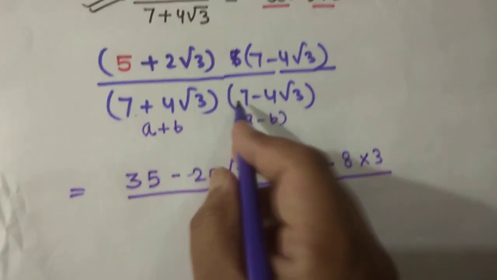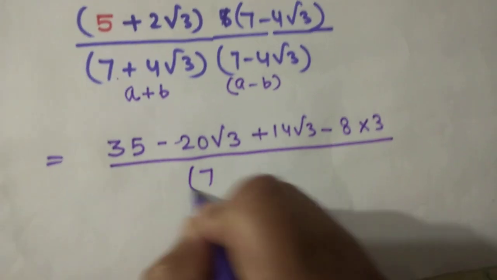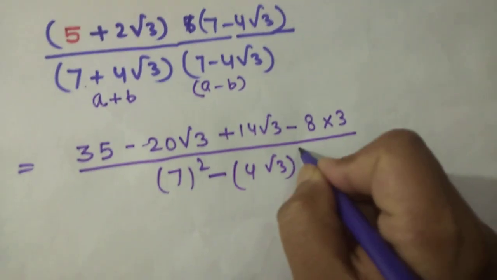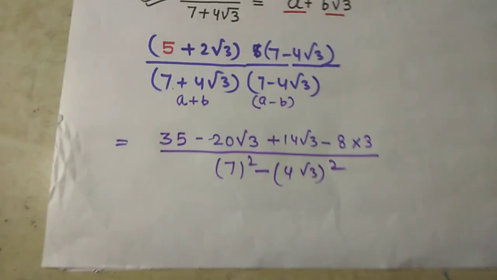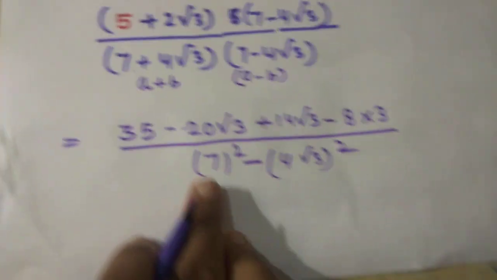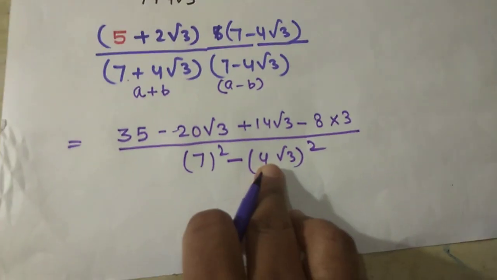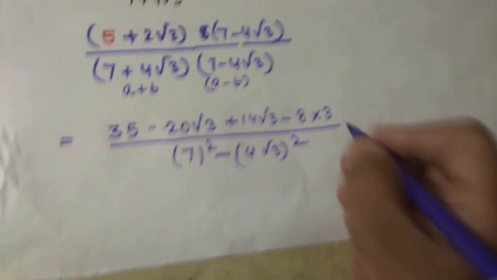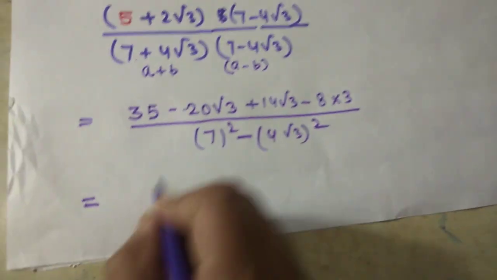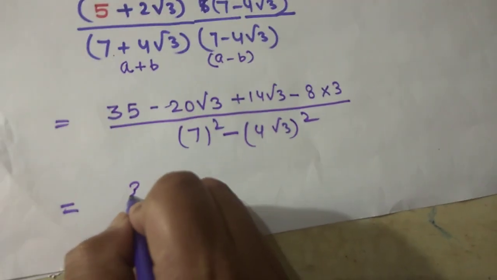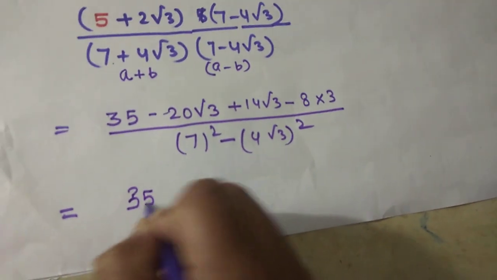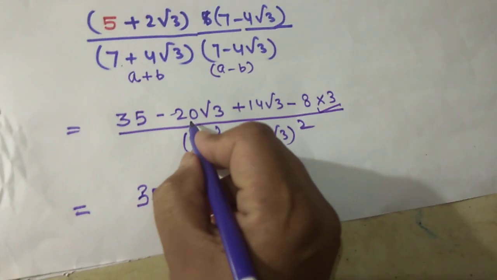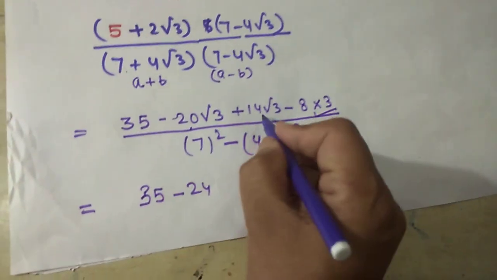Then 7 whole square minus 4 root 3 whole square. 7 whole square will give you 49. 4 4s are 16, 16 3s are 48. 49 minus 48 is 1. So this is what? 35 minus 24, this 24, 8 3s, and then 20 root 3 minus 14 root 3.